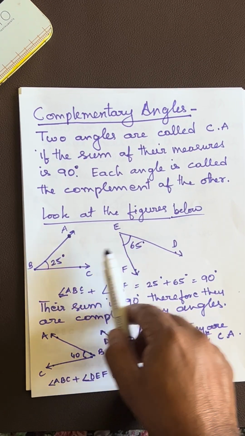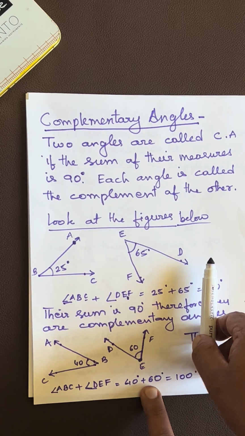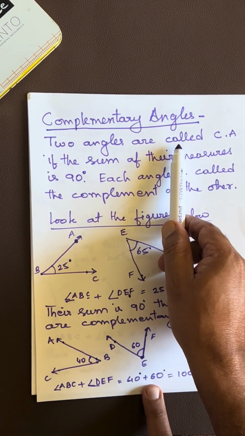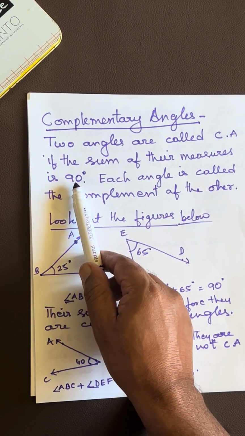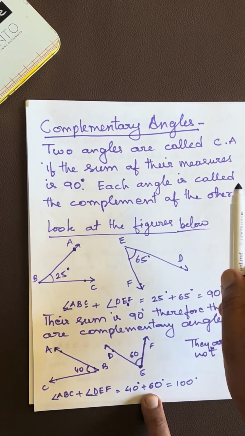If the sum of these two angles becomes 90, then they are called complementary angles. See the definition. Two angles are called complementary angles if the sum of their measures is 90 degrees, and each angle is called the complement of the other.